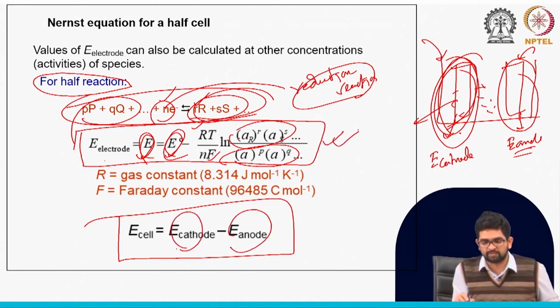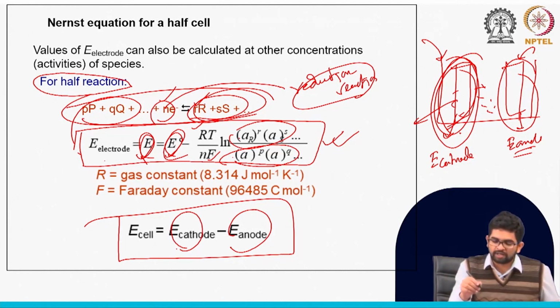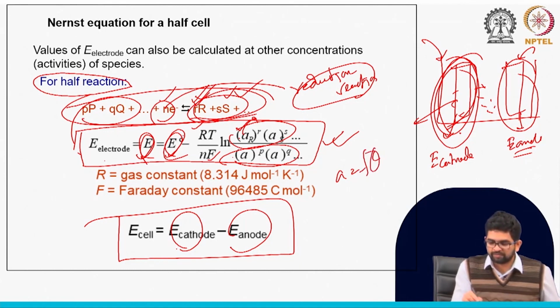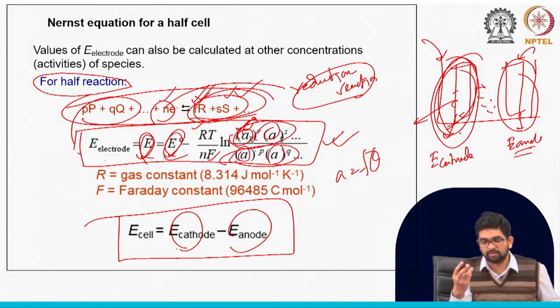That is the Nernst equation. You should know the concentrations of all the species. Here A means the activity, and activity equals some factor times concentration. You should have this information of the species involved in the reaction.